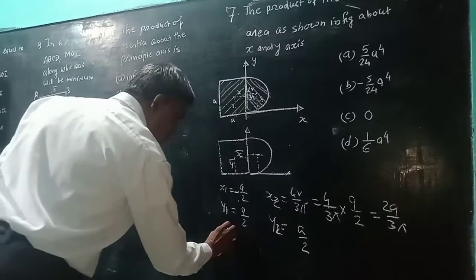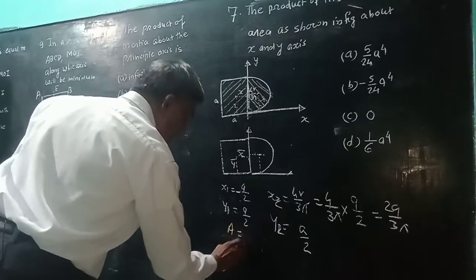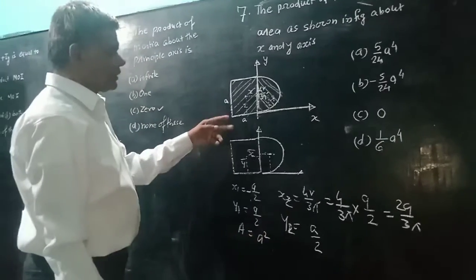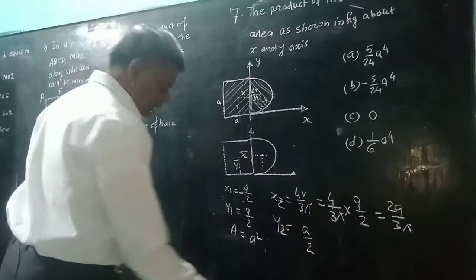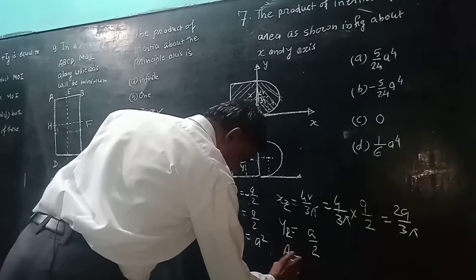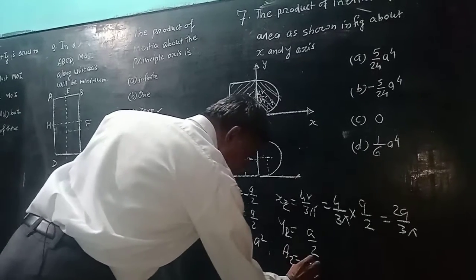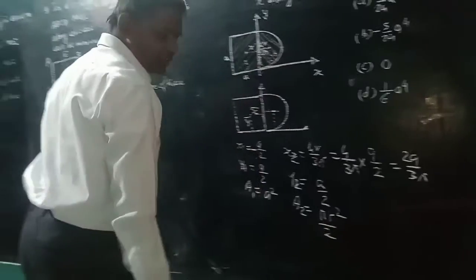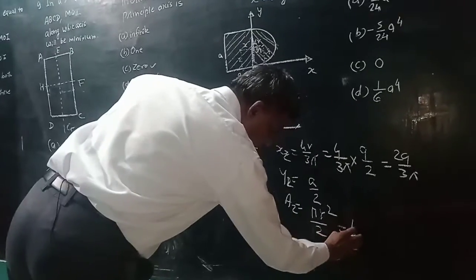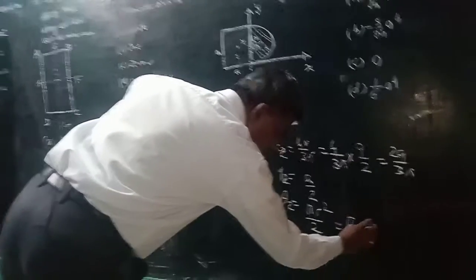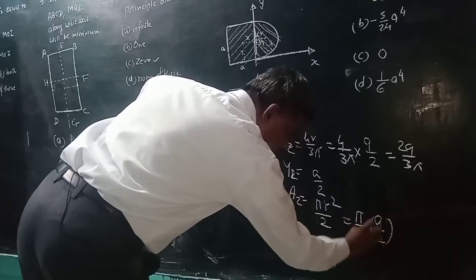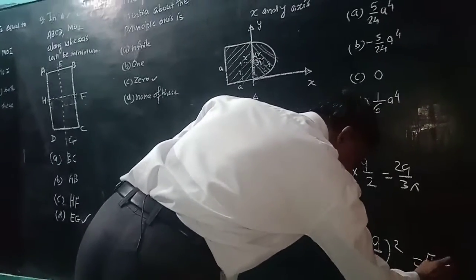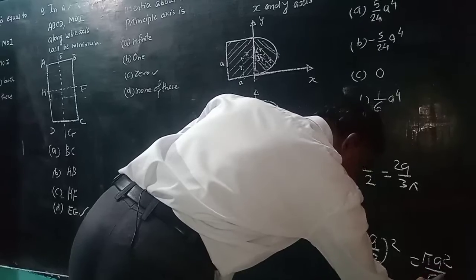And the area of the square section, a into a, is equal to a square. And the area of the semicircle, a2, is equal to pi r square by 2. So this is equal to pi by 2, r is equal to a by 2 whole square. So this is equal to pi a square by 8.